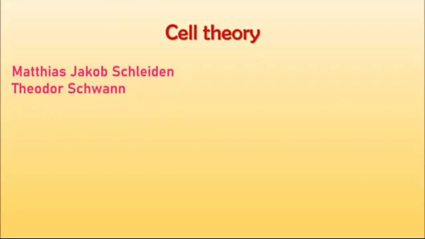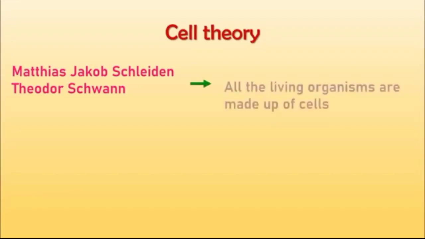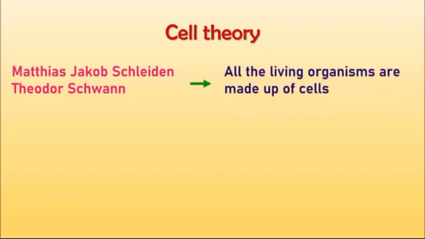Cell theory. This is the theory proposed by Matthias Jakob Schleiden and Theodor Schwann, generally called Schleiden and Schwann. Both of them together proposed that all the living organisms are made up of cells, and they postulated a theory called cell theory.